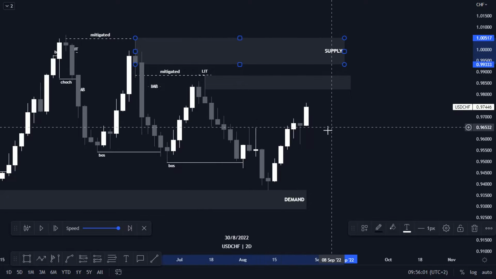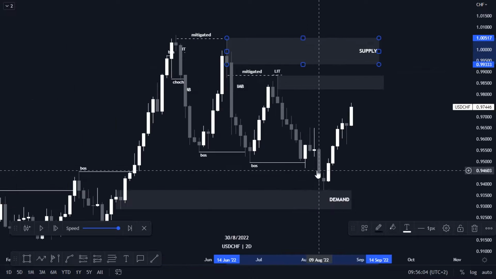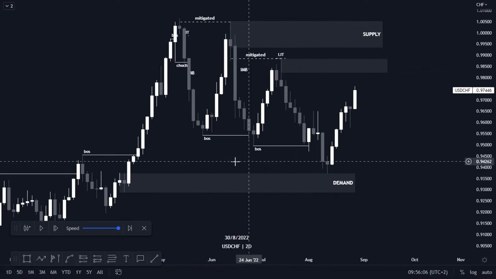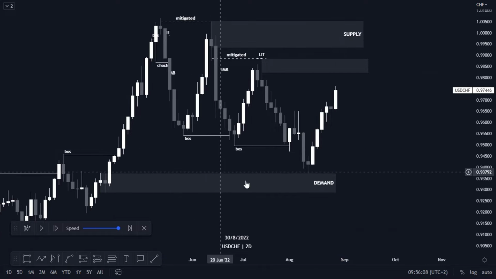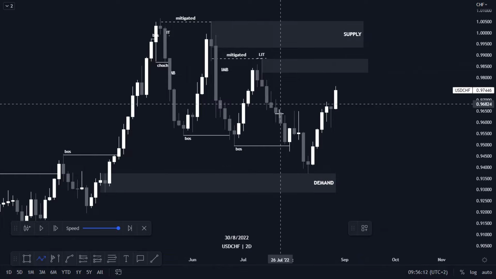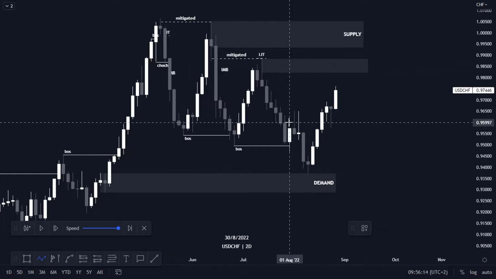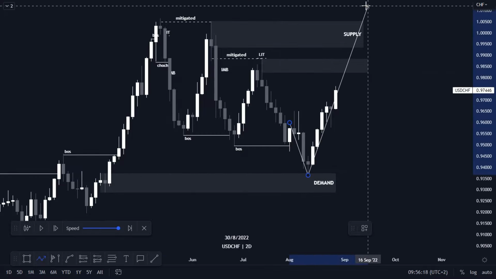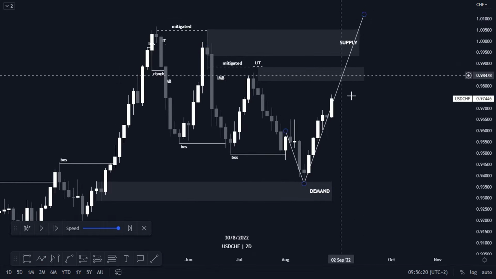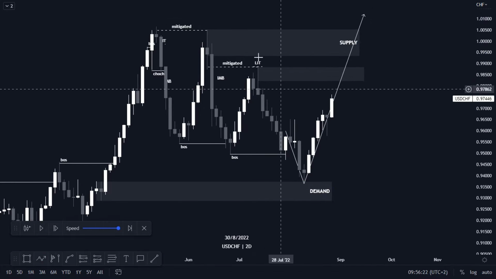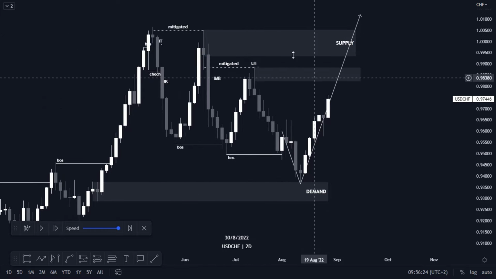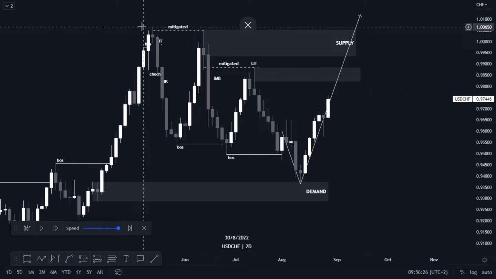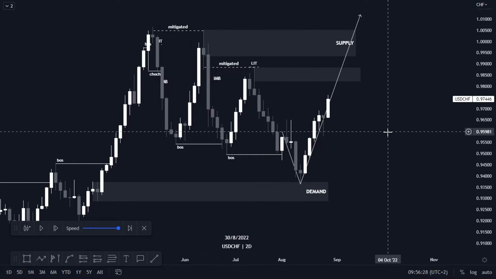Our overall trend is bullish, so we'll be expecting something like this: the market taps into our demand area and pushes to the upside, clearing all the liquidity above these highs, and then breaking our high here, creating a new high.